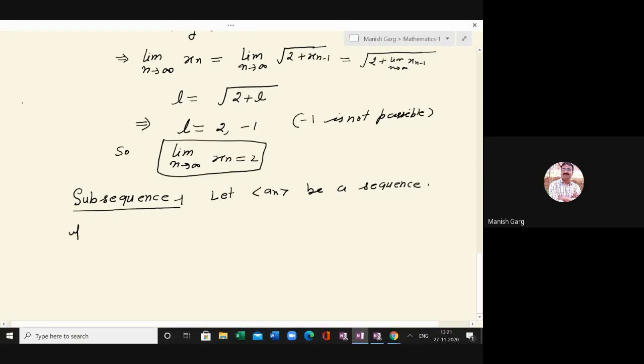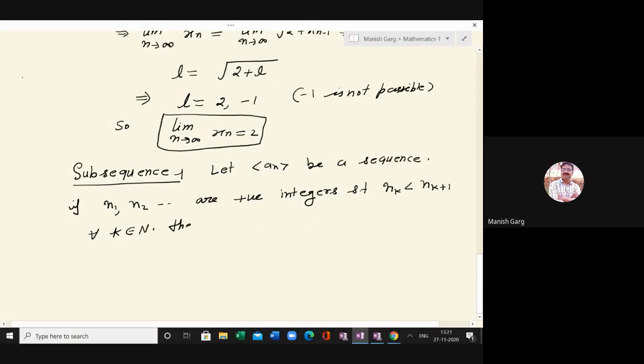If n_1, n_2, ... are positive integers such that n_k is less than n_(k+1) for all k in N.